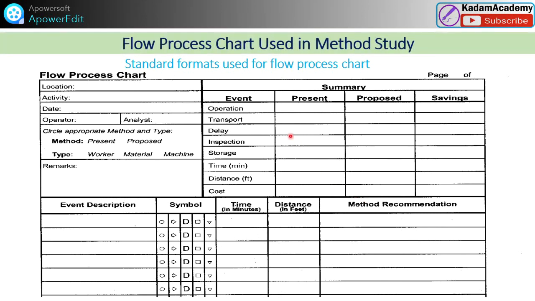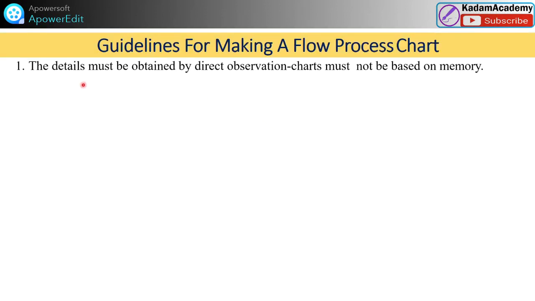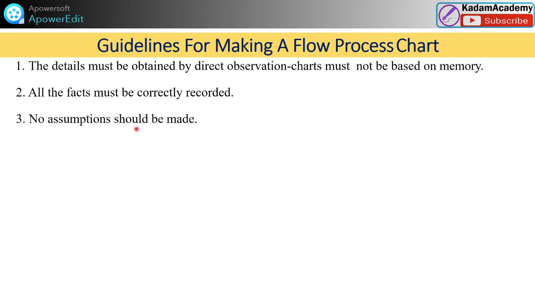This flow process chart is used in method study. These are the guidelines for making a flow process chart. The details must be obtained by direct observation; charts must not be based on memory. We have to go to the spot and write on the chart there. All facts must be correctly recorded. No assumptions should be made.